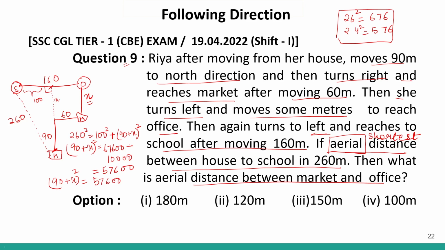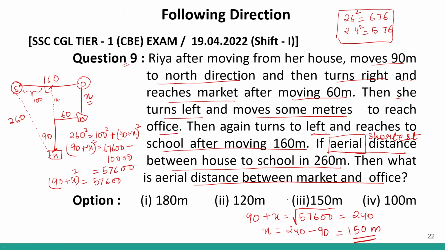Now, if I remove the square, 90 plus x will be equal to the square root of 57600. This is 240. So x will be equal to 240 minus 90, which is equal to 150 meters.